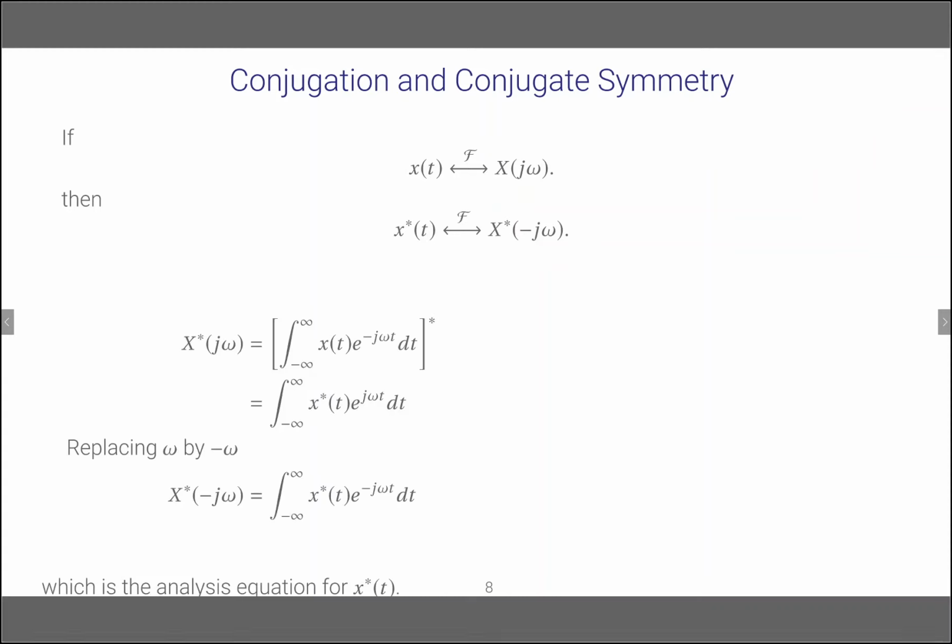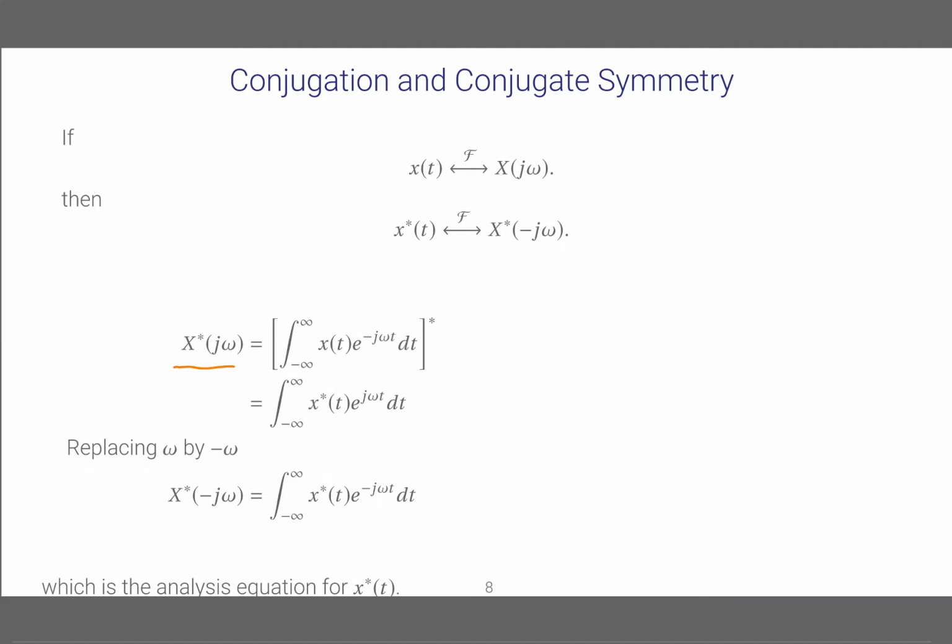Okay, so let's try to obtain this. The Fourier transform of x star j omega: you take the Fourier transform of x j omega and get the complex conjugate of that. When you get the complex conjugate, you have to conjugate this as well as this, so the sign has changed and this has become the conjugate.